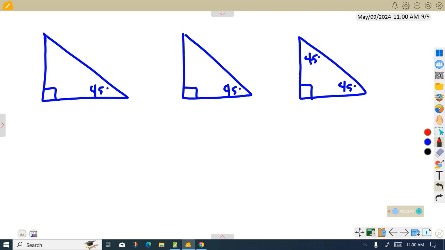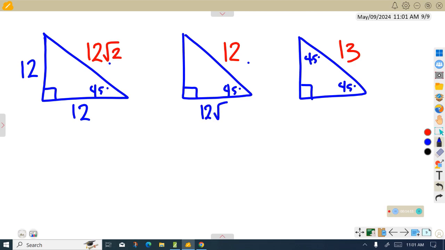So let's do a problem like this. Let's say that we got 12 root 2, 12, and then 13. The pattern that I like to show you guys for these is that if there's a root 2 on the hypotenuse, then I know these 2 legs will not have the root 2. Now, when there is no root 2 on the hypotenuse, that means that I'm going to have to take half of that number, because I know I'm going to have to do 12 root 2 over 2.